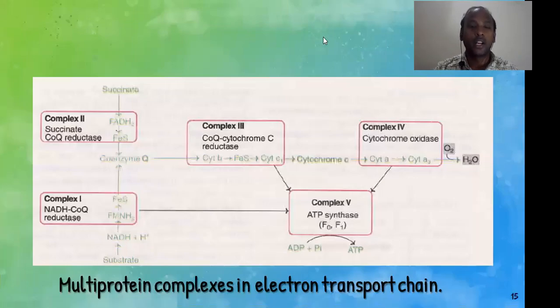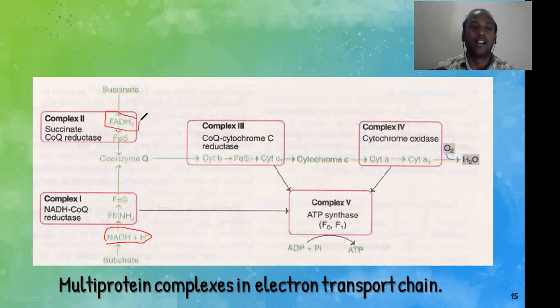So altogether you should remember the entire complexes. If we want to connect it in a single diagram, it looks like this. Here, this is complex 1, where the electrons are given by the NADH, and this is complex 2, where the electrons are given by the FADH2.